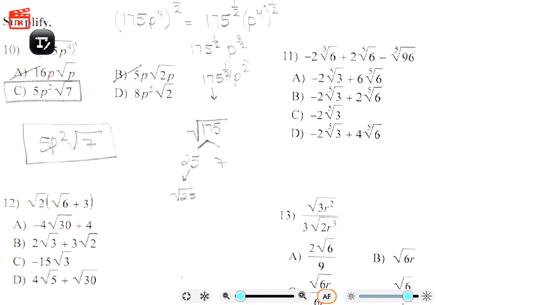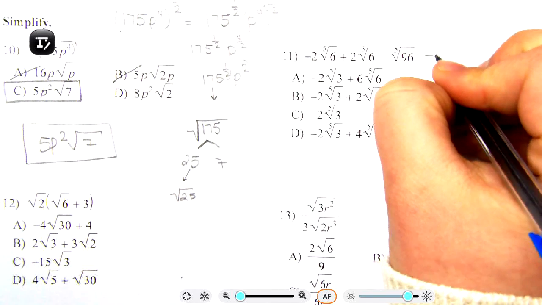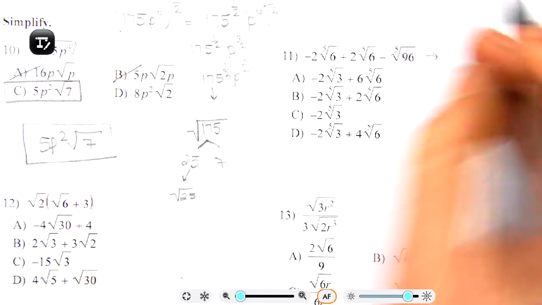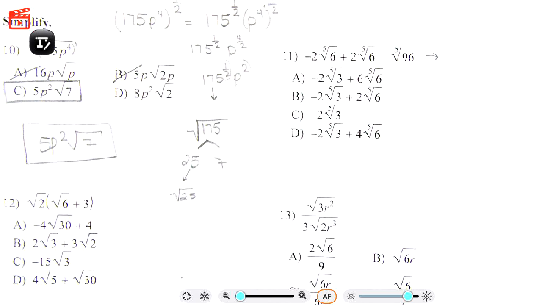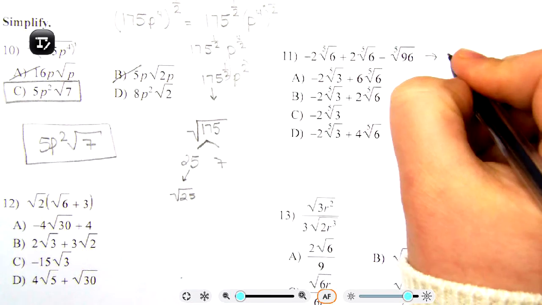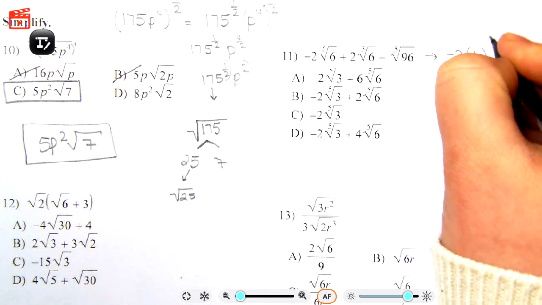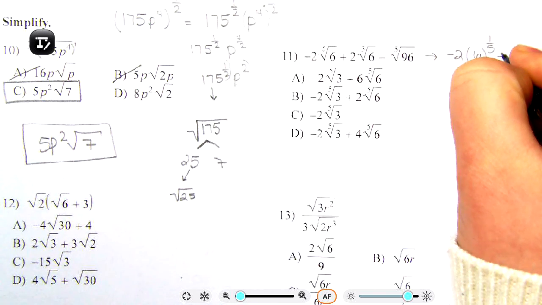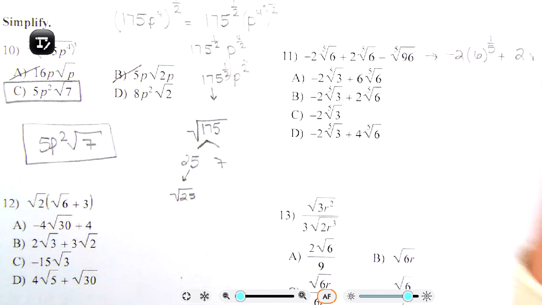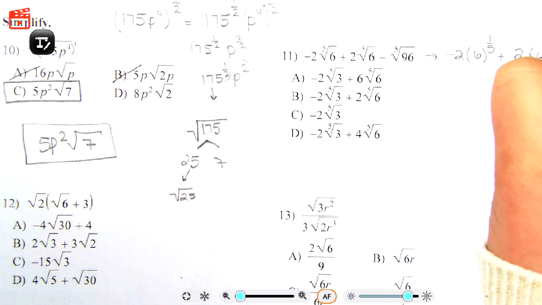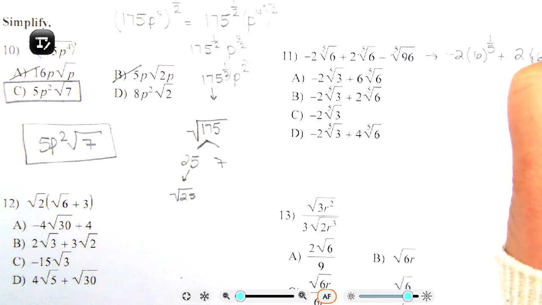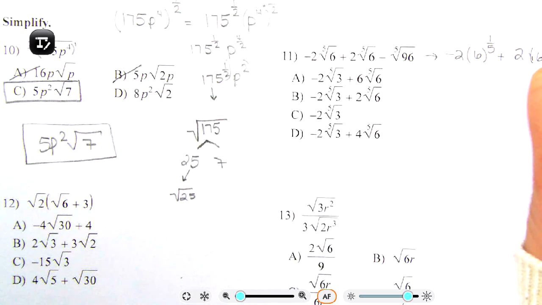Let's see if we can do this. This is negative 2 times 6 to the 1/5 power plus 2 times 6 to the 1/5 power minus 96 to the 1/5 power.